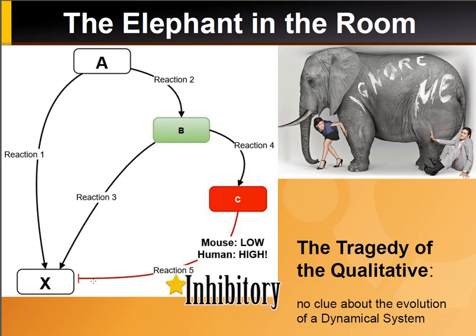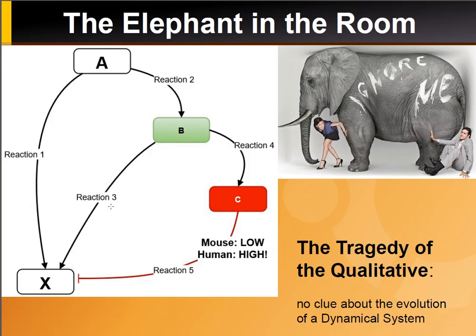But now let's say hypothetically that reaction 5, the one shown in red, the inhibitory one, let's assume it's pretty insignificant in mice, but major in humans. So what's the net result? Let's say that our goal is to enhance X because, for example, the direct reaction from A is not enough to produce it.